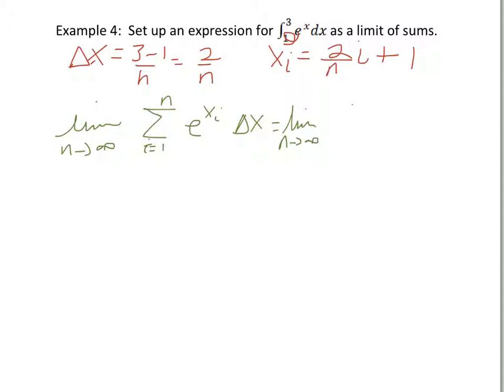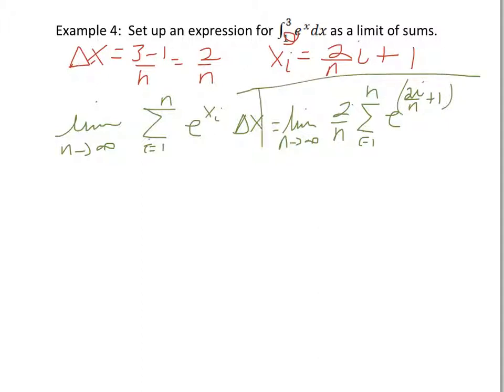And I'm going to go ahead and put my change in x out in front because I always like to do that. And then i equals 1 to n. And if I go ahead and replace the xi with what xi is equal to, I get 2i over n plus 1 for the exponent there on the e. And that would just be rewriting it as a limit of sums.